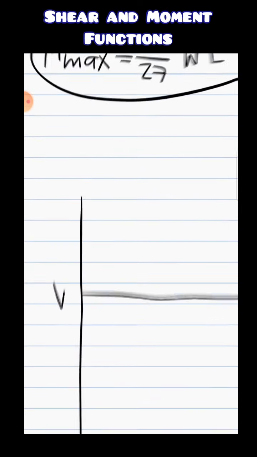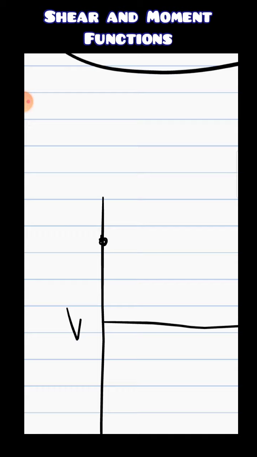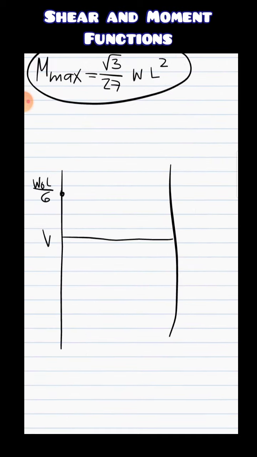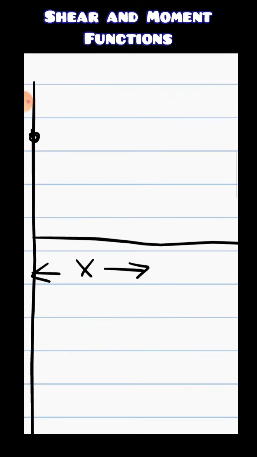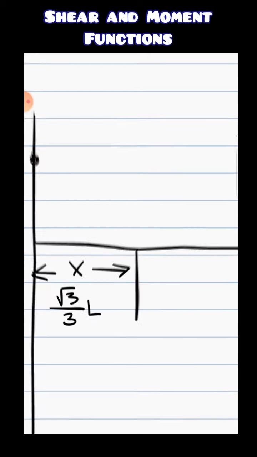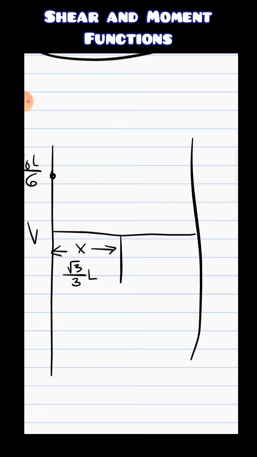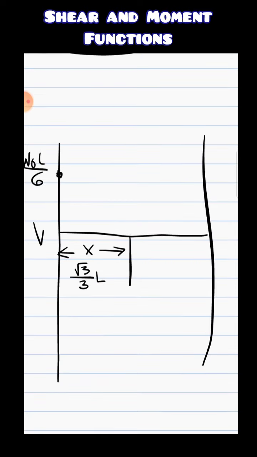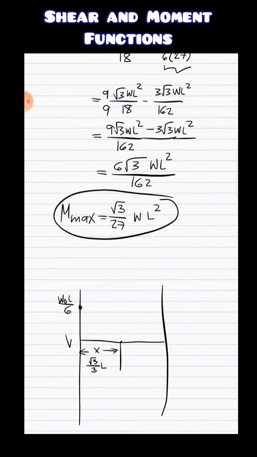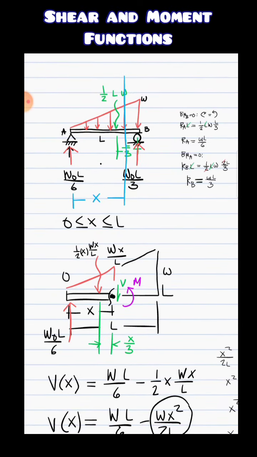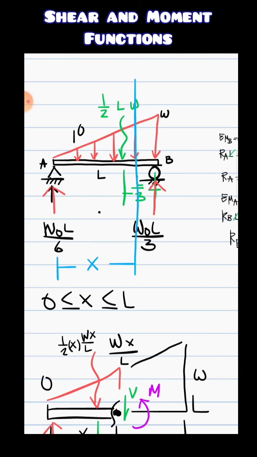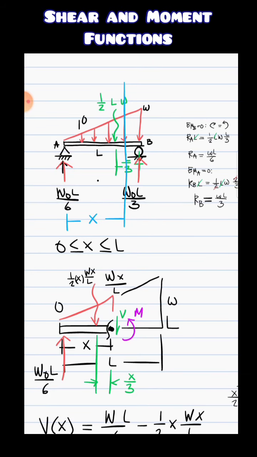Our shear at the first point is WL over 6, and at distance x, which is square root of 3 over 3 of the length away, that's going to be our maximum moment, wherein our shear is 0. As you can see, for the load, it is a triangular of first degree, so our drawing must be of second degree on the shear.